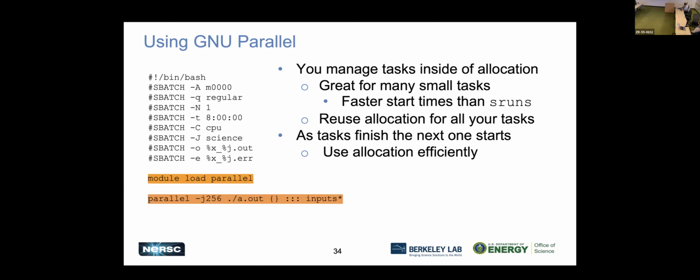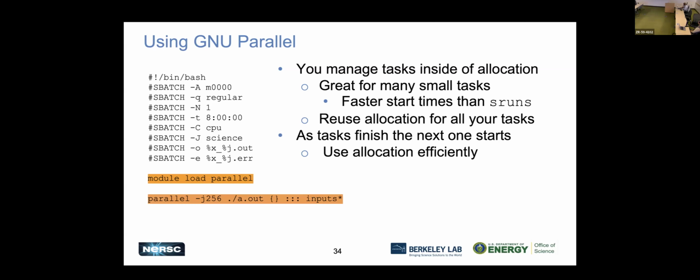But then there are also other tools available, like GNU Parallel, where you manage tasks inside of the allocation. So if you have many small tasks, this is good for faster start times than srun, and you can reuse your allocation for all of those tasks. As tasks finish, the next one can start, and you can use your allocation efficiently.